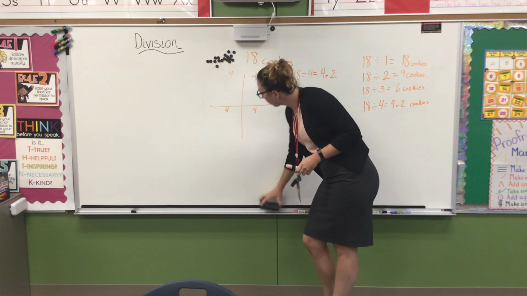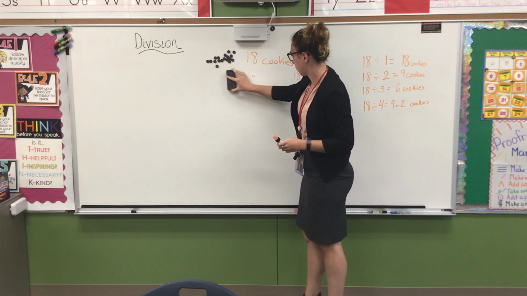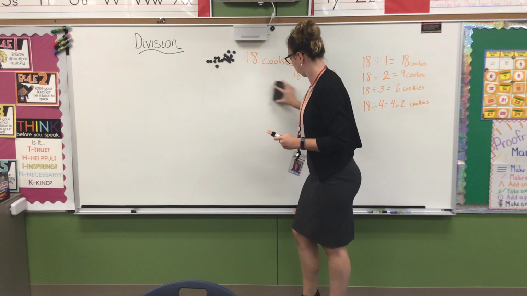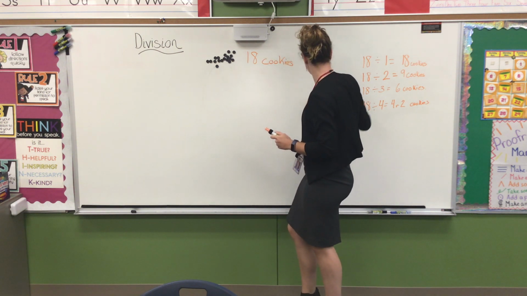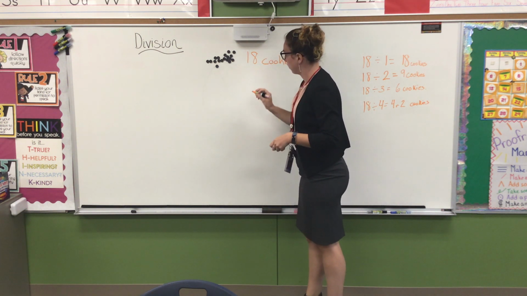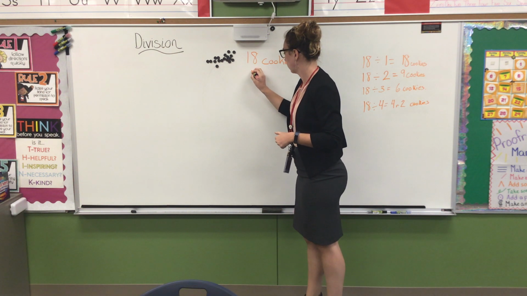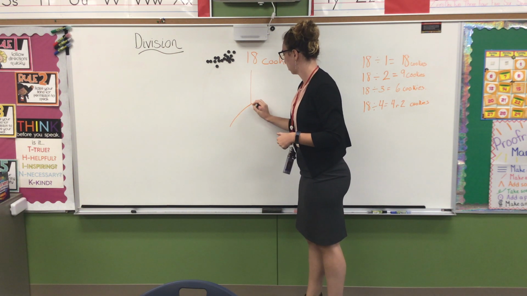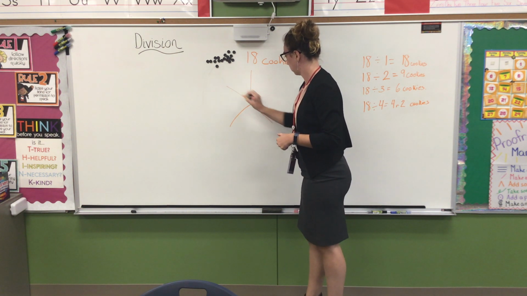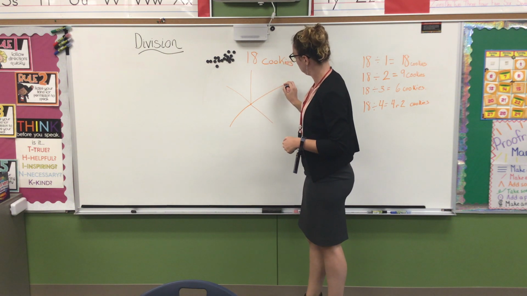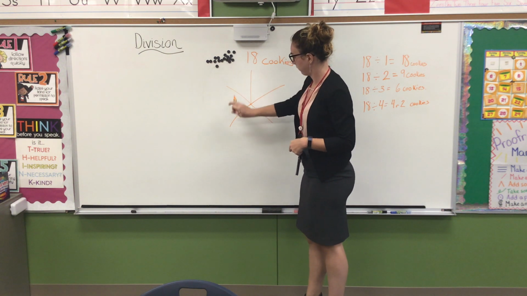And let's try to make 5 sections. If I go like this, I guess 1, 2, 3, 4, 5. Yeah, that works, right?